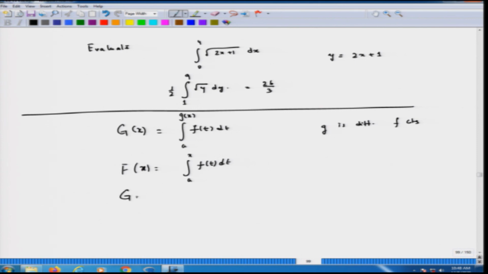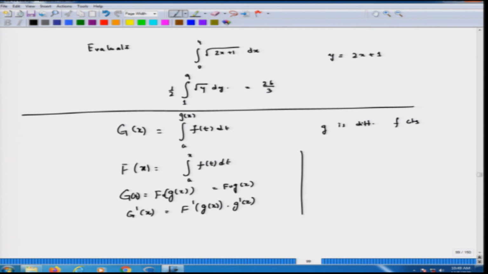So, G is equal to F composed with g at x. Therefore, G prime of x, when we compute this, is going to be F prime of g of x times g prime of x by the chain rule.